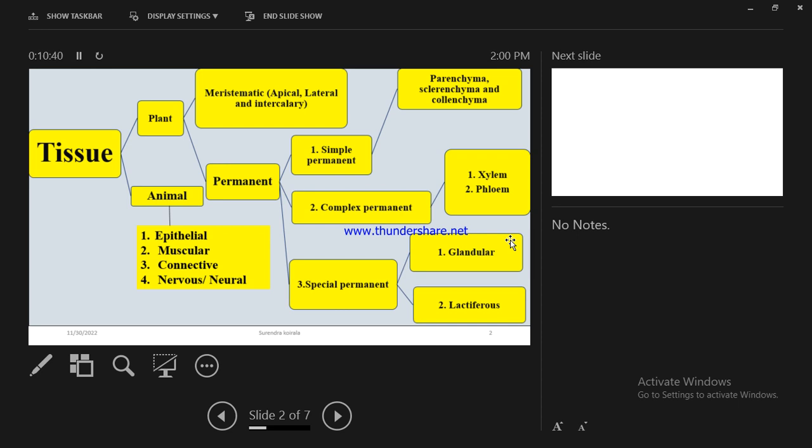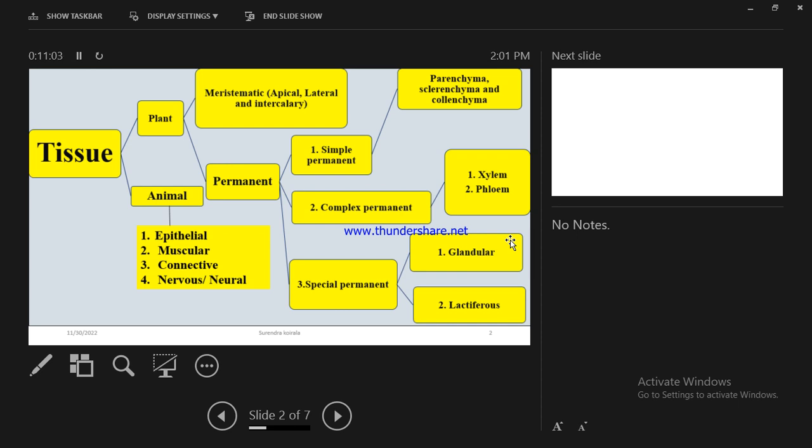Plant tissues are divided into two types: meristematic plant tissues and permanent tissues. Meristematic tissue is further divided into three types: apical meristematic tissues, lateral meristematic tissues, and intercalary meristematic tissues.